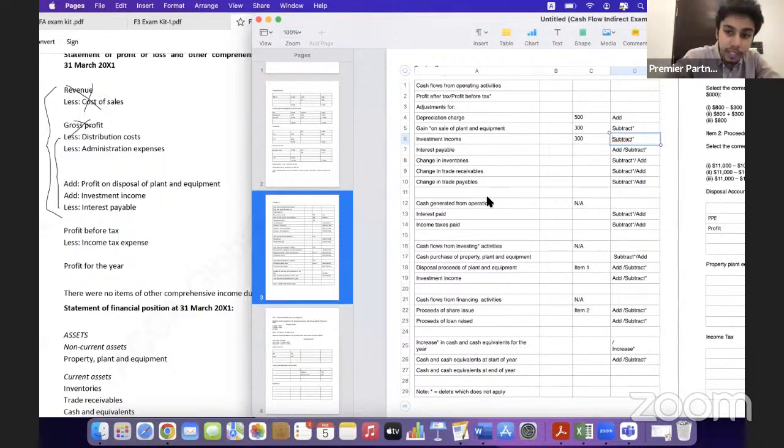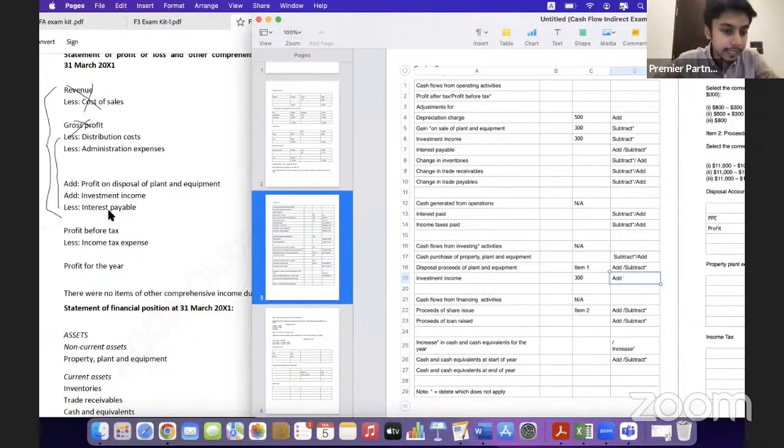That's the reason why we subtract from here, and we go and write it here, investment income 300. Here, because money is coming in, I'm going to show it as add. Guys, I said, after this, from inventory onwards, your focus has to be money coming in, no going out. Income means money comes in, no. That's why I'm showing it over there as add.